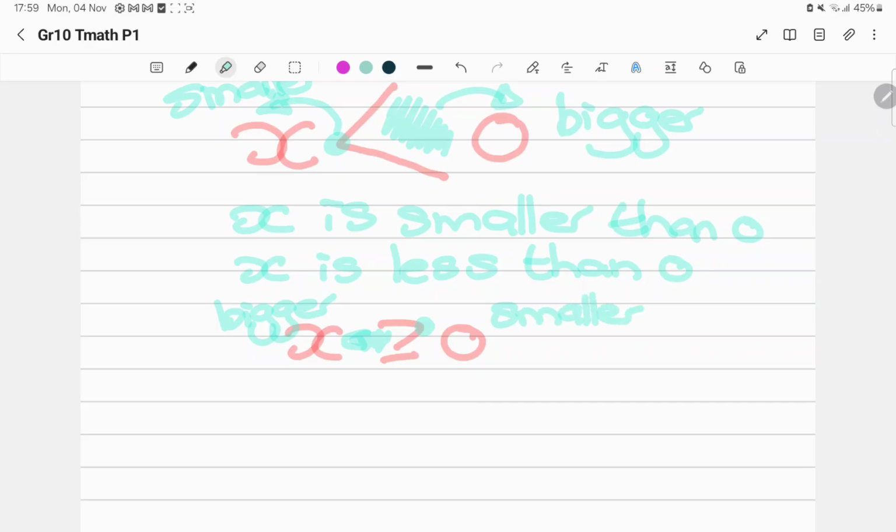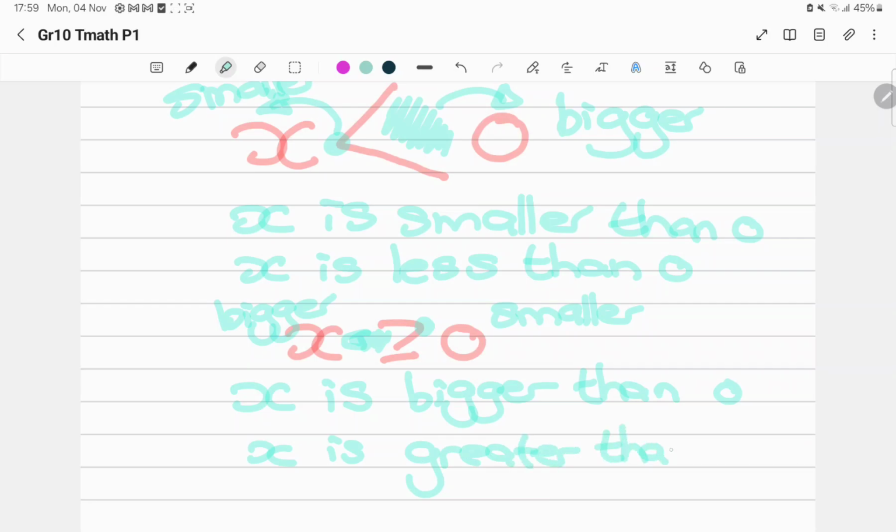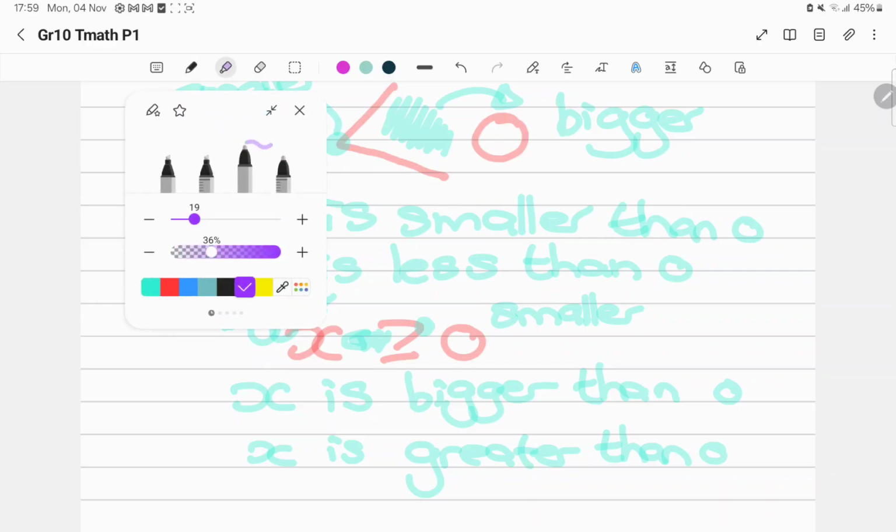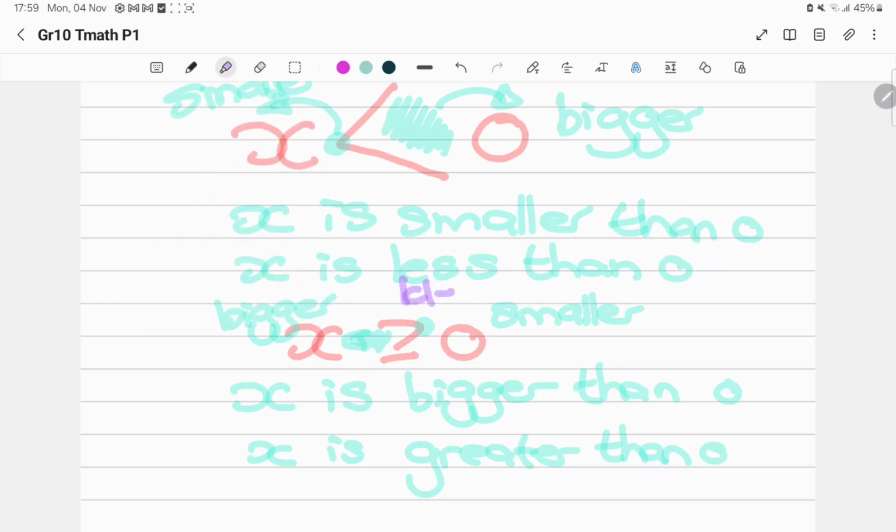So this is telling me x is bigger than 0, which means x is greater than 0. In Afrikaans you say x is kleiner as 0 here and x is groter as 0 here.